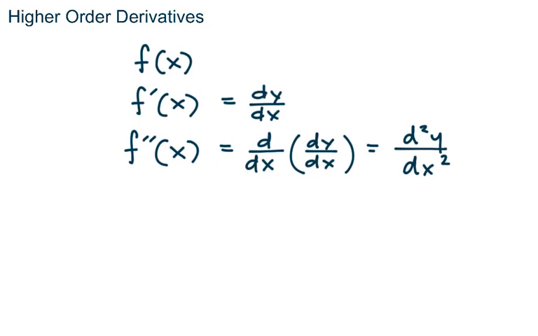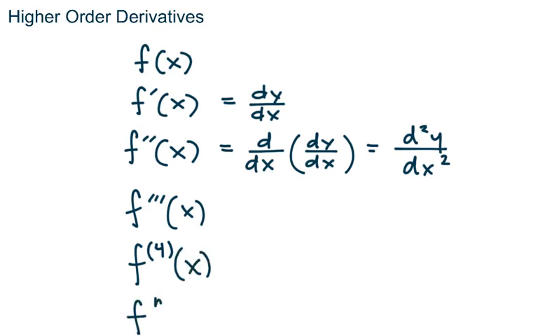So this is just another way of saying, the derivative of the derivative. And we can do this further. We could have the third derivative, or the fourth derivative, or the nth derivative. I'm explaining to you notation of different ways that we can write the derivative.